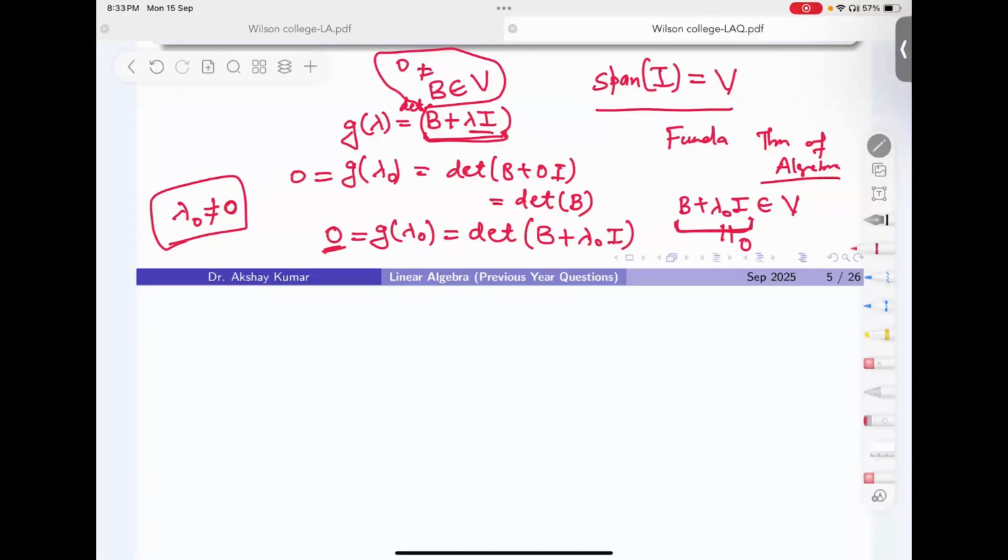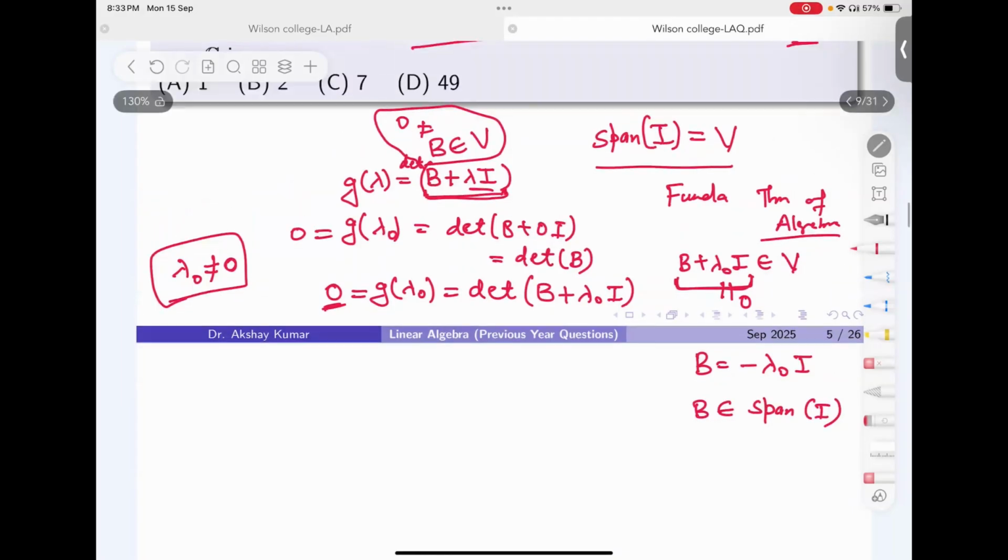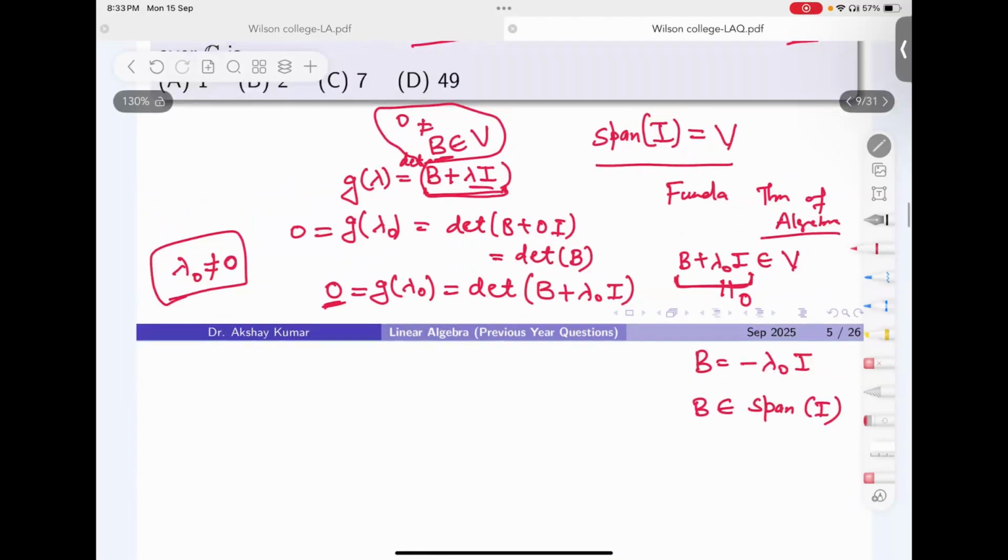So B has to be equal to minus lambda naught I. So B belongs to span of I, correct? So we take any non-zero member and that belongs to span of I.